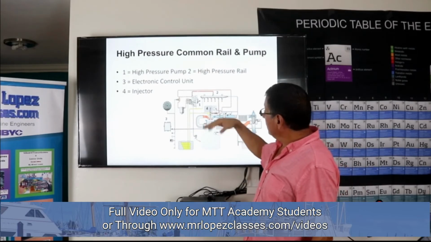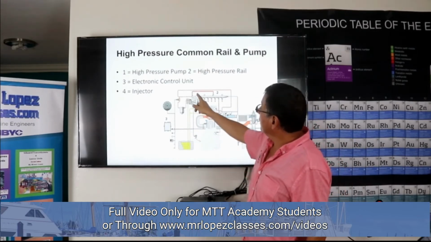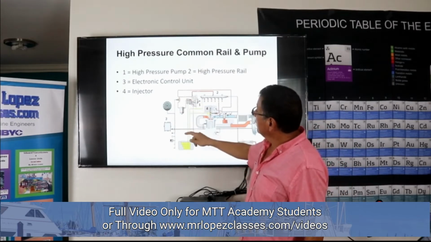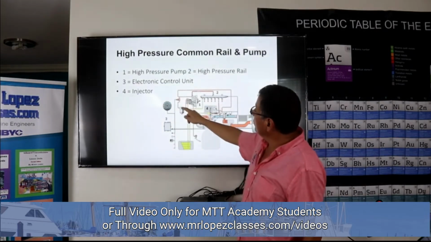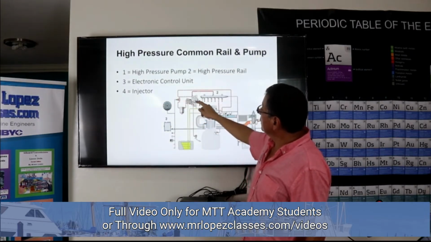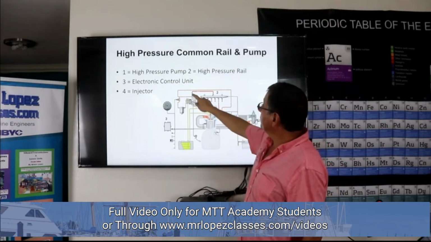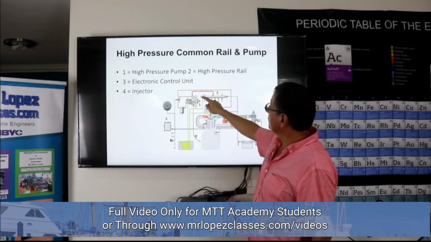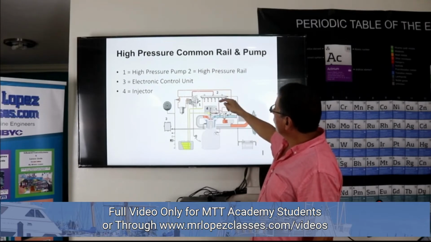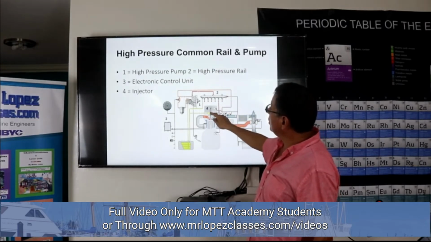All right, and the fuel. We have the fuel tank. We have the transfer pump. The transfer pump brings the fuel, and the fuel enters the fuel injection pump. The fuel injection pump increases the pressure of the fuel. The fuel enters with high pressure into the common rail, and from the common rail, the fuel enters each injector.